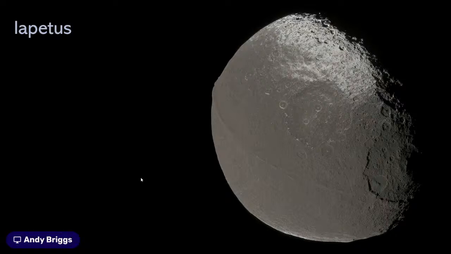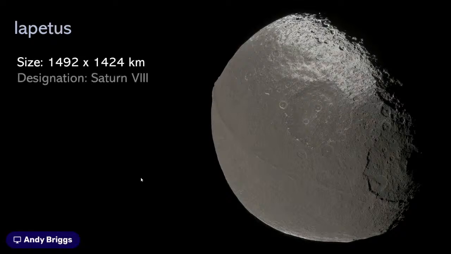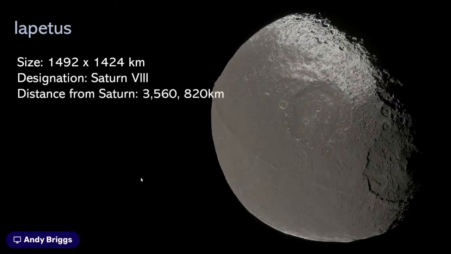So this is certainly extremely odd. I'll talk about the ridge in a moment. So this was a very odd moon with its bright hemisphere and its dark hemisphere. It's 1492 by 1424 kilometers, so nearly spherical. It's designated Saturn 8.